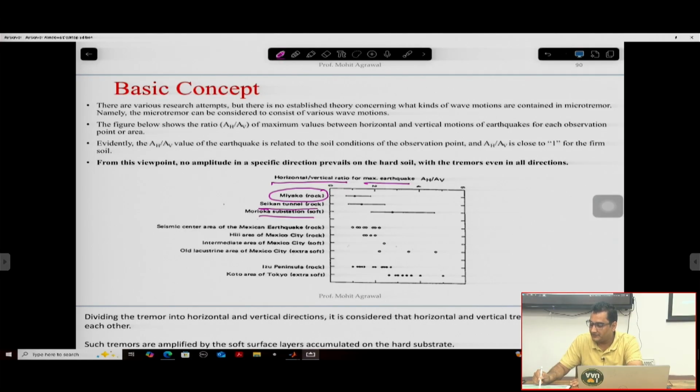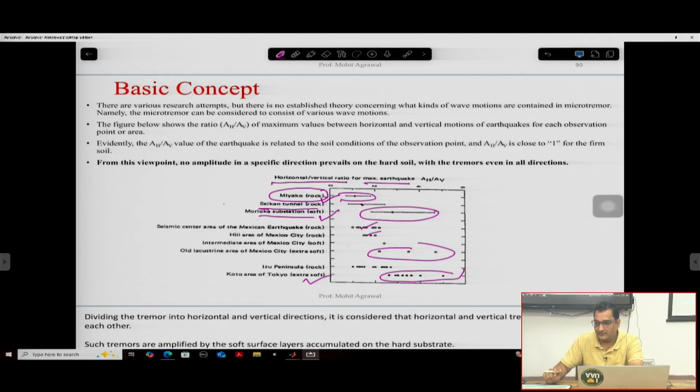Some of them are rocks, some of them are soft soils, and some of them are even extra soft soil. If you look at the soft deposits like this one and this one, apart from those, if they are recording at the hard rock like this one and this one, all are basically fluctuating nearby about 1.